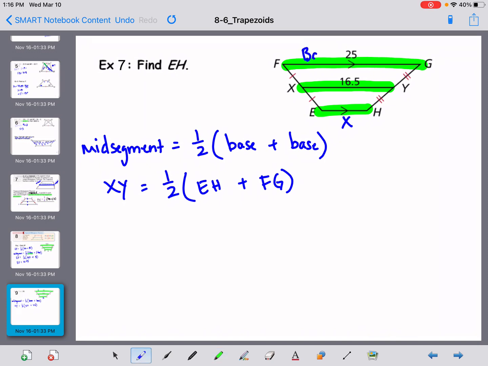So this is a base, and this is a base. Let's plug in the numbers so we know what to type into Desmos. XY is 16.5. EH is X, because that's what I don't know, and that's what I'm trying to find. And FG is 25.